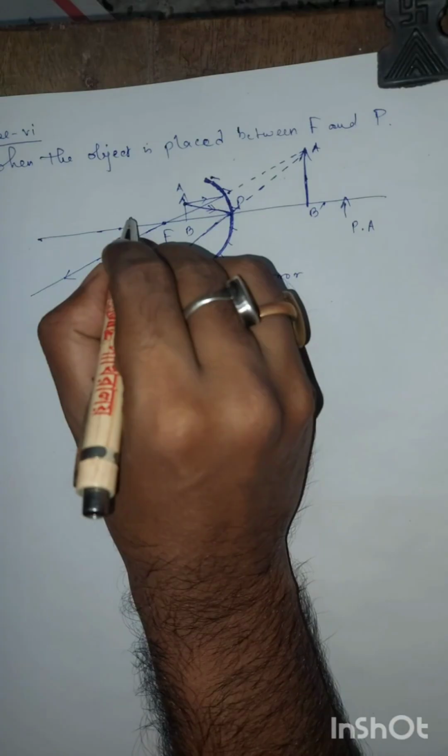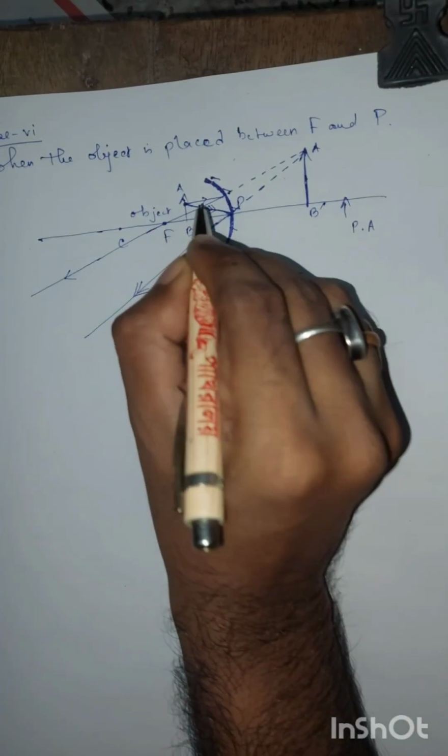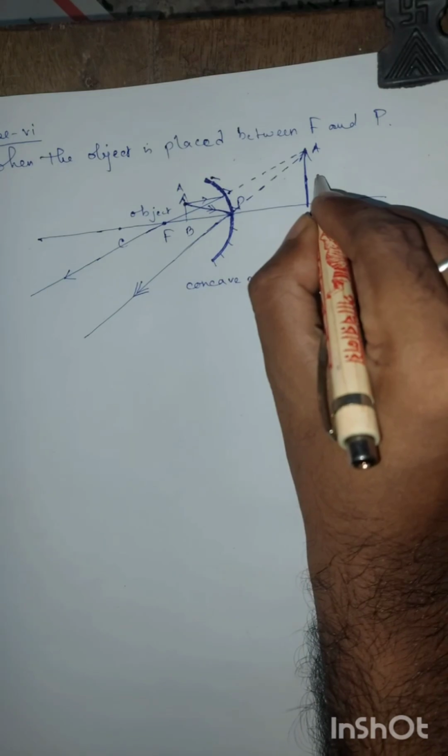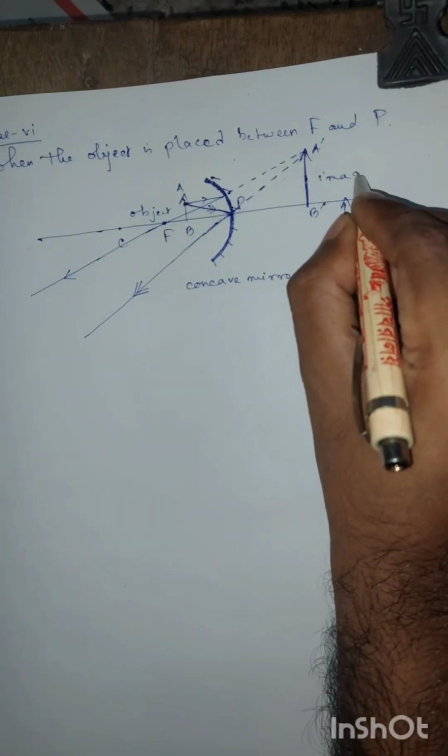So this is our object AB, and this is our image A dashed B dashed.